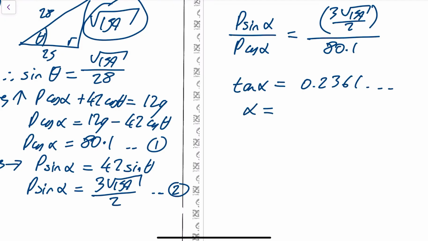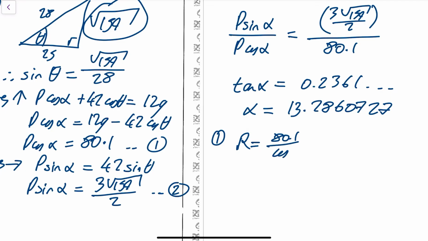Now you do have to find your alpha. My alpha is 13.2860727, and then put that back into equation 1. Put that back into equation 1, and you're going to have then R is equal to 80.1 divided by cos of the 13.2860727, and your R works out to be 82.3 newtons, and there we go.